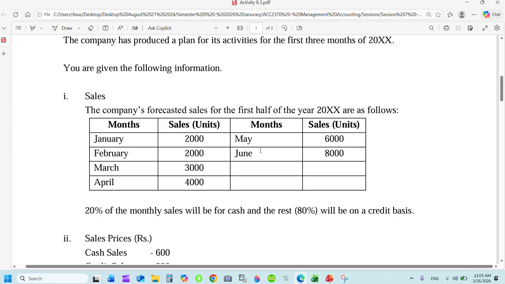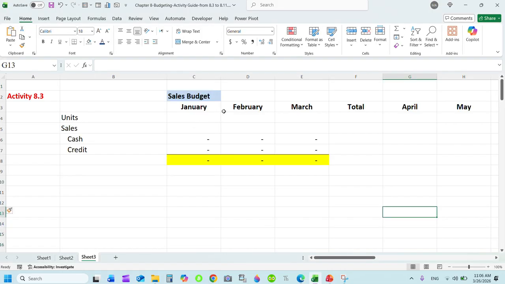So you need to focus only on 3 months, and your budget should clearly show January, February, March and a total column. Usually, when preparing a monthly budget for a quarter, the last column should show the total. So let's see how to prepare the sales budget.